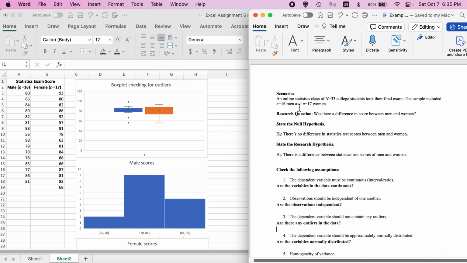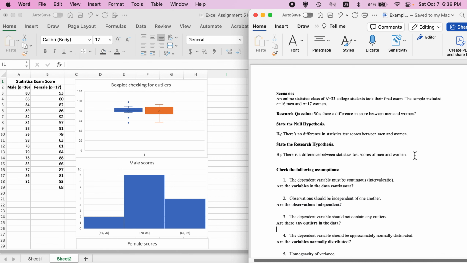So we have a research question: is there a difference between the scores for men and women? That's what we want to know. Our null hypothesis is that there is not a difference between the scores between men and women on the statistics exam. And our research hypothesis, since we don't have a specific expectation of one group outscoring the other, is that there is a difference between the scores.